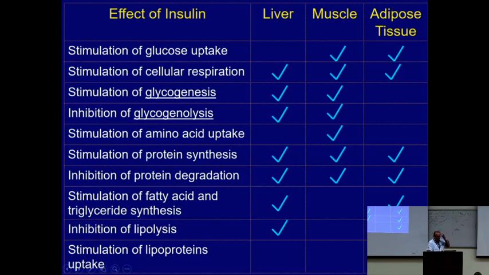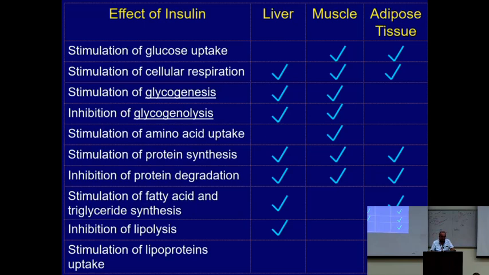And this is really a summary table of the effects of insulin. Very important. Without getting into all the details, here's the first important effect. Note where the checks are: muscle and adipose tissue only, not the liver. The liver will pick up glucose, but not because of insulin, because of high glucose.